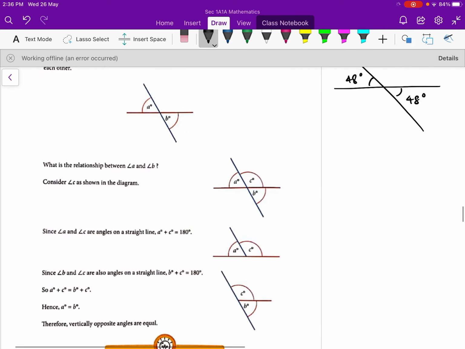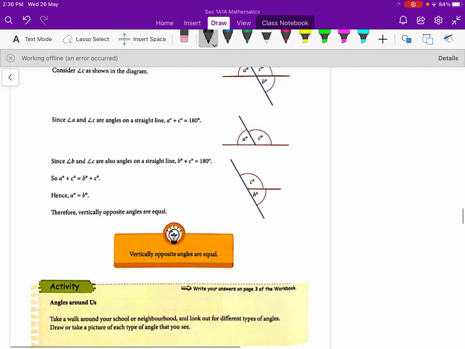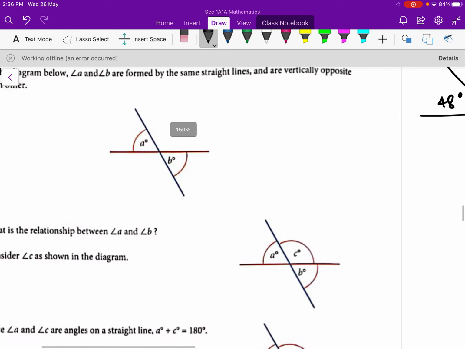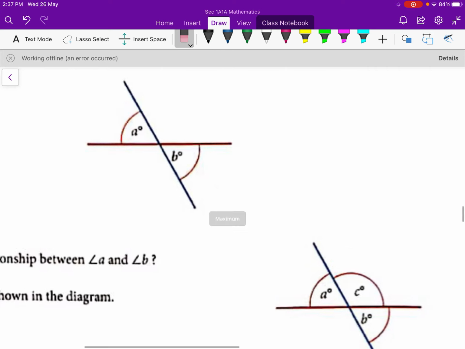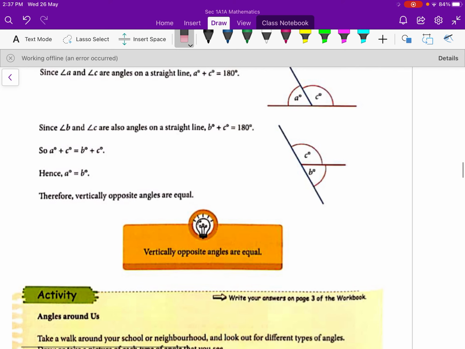So it is shown over here. Whenever you have one angle on one side, another angle vertically opposite, we call this vertically opposite, they have to have the same angle. Okay, so as shown, vertically opposite angles are equal.